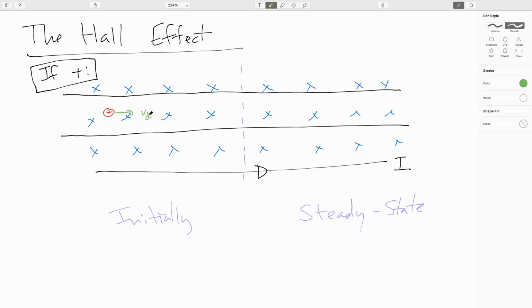They are drifting to the right. So I want you to work out the right-hand rule here to figure out which way these positively charged carriers would be feeling a magnetic force from our magnetic field that is into the screen. Yeah, the magnetic force would be up.